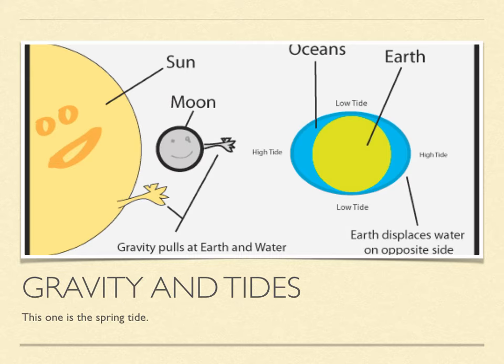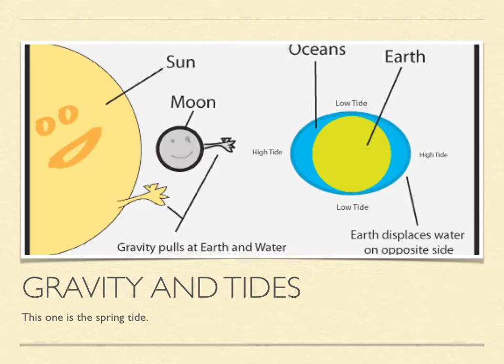Now, please remember in this picture, the sun is much farther away than this. It's just a graphic that has the sun in the picture. Because what's important to look at here is the relationship between the sun and the moon and the earth. This is a picture of spring tide where all three of them are lined up with each other. So what's going on here is it's actually the gravitational pull of the moon pulling on our water, which kind of causes the water on the earth to displace outwards, and it happens on both sides of the earth.